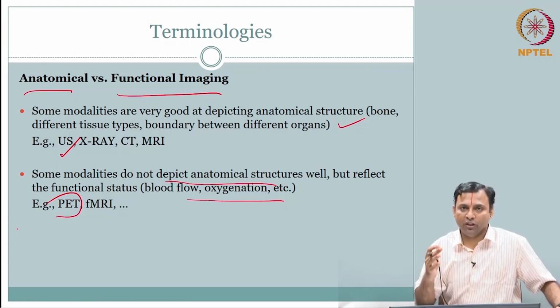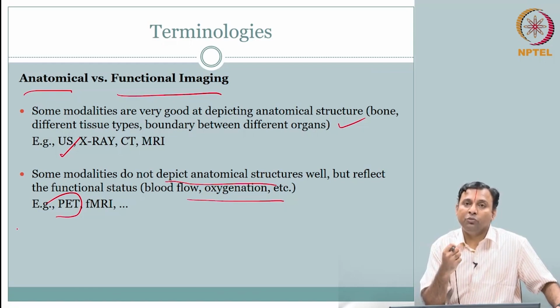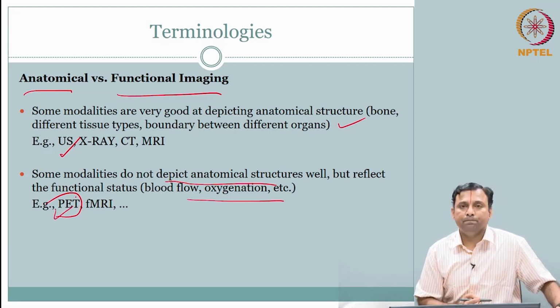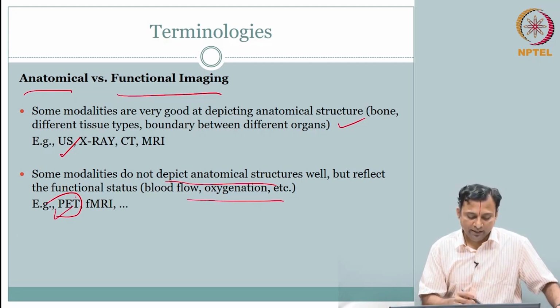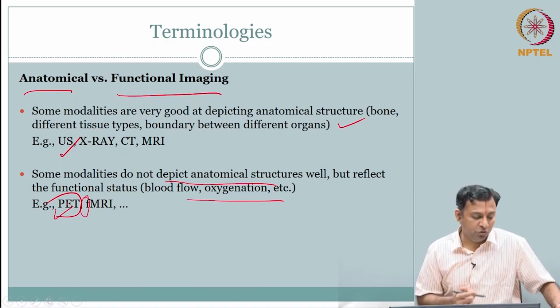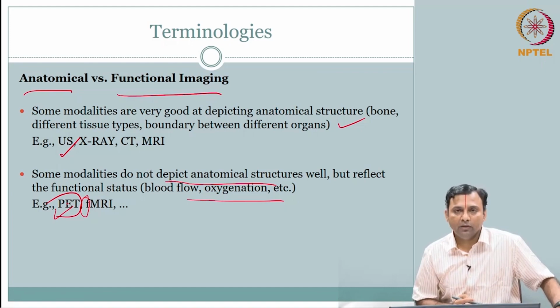So you won't see the structure well defined, but you will see the activity, how much it is consuming, right? So PET is usually very adept at doing that. This is functional MRI. So MRI can also be used for functional imaging, called functional MRI.